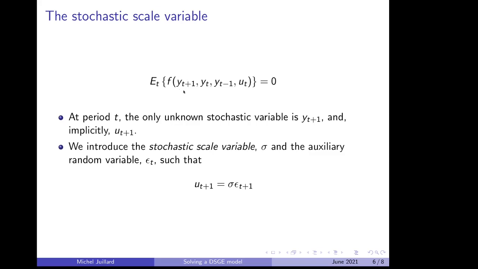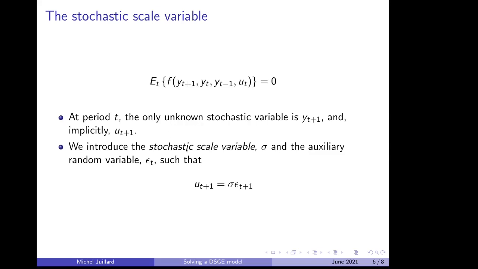In fact, it is only yt plus 1 that is random from the point of view of the conditional expectation at period t. And it is random because it is affected implicitly by the shock in the following period, ut plus 1. Because in period t plus 1, yt plus 1 will be a function of yt and of ut plus 1.